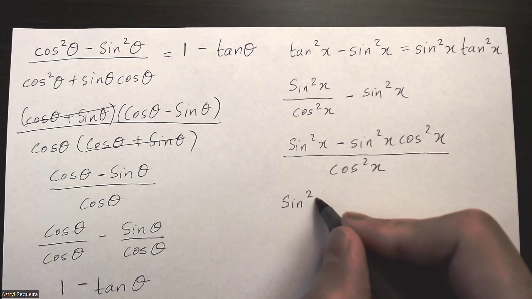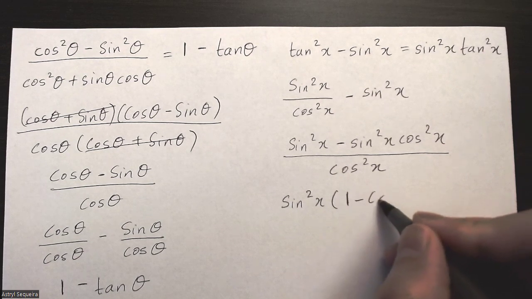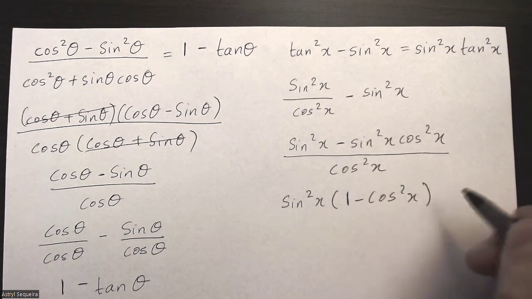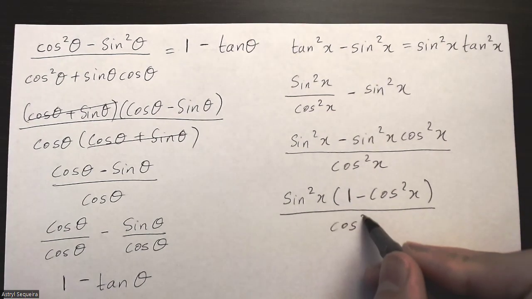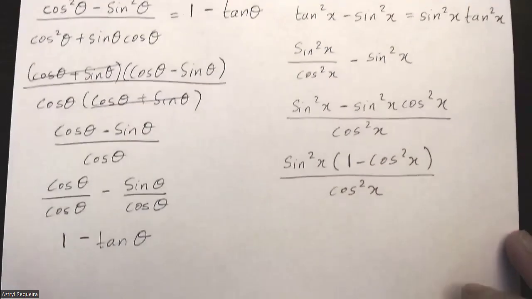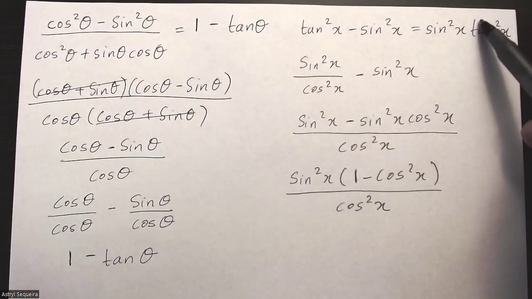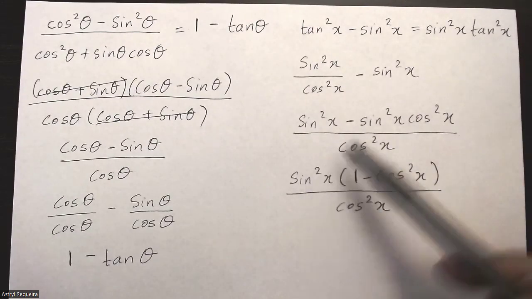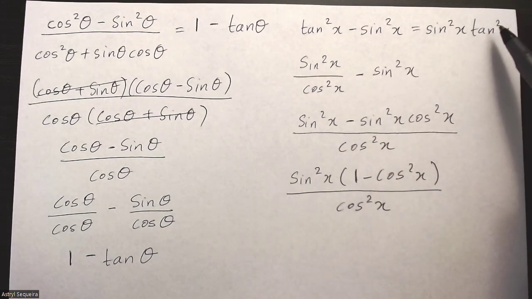So I'll common factor out sine square x, and I'm left with 1 minus cos square x. Then this is divided by cos square x. Now, this is almost the same as this. We notice that sine square and sine square are the same. So I just want to turn all of this into a tan square.